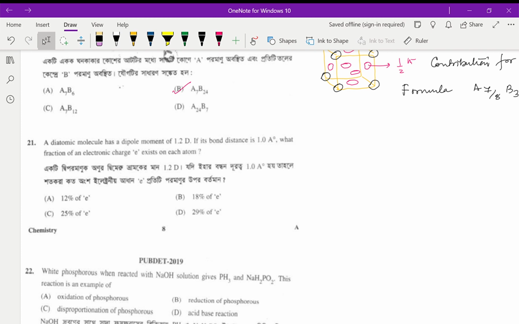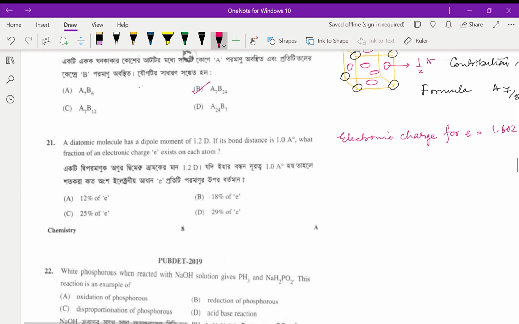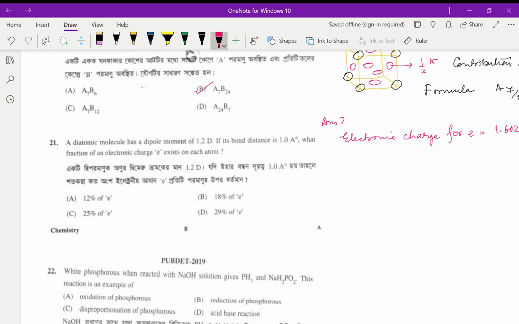Now, the electronic charge for an electron is 1.602 into 10 to the power minus 19 coulombs. C stands for coulombs. Alright, this is for the answer of 21.